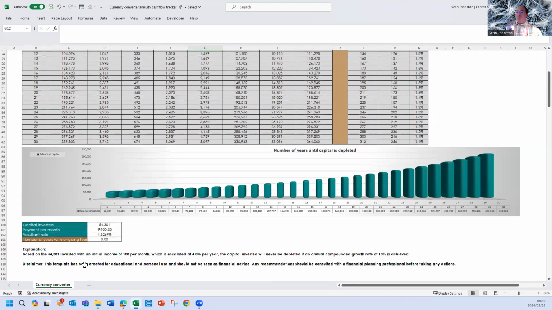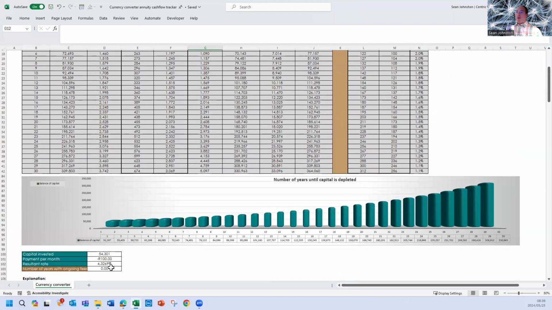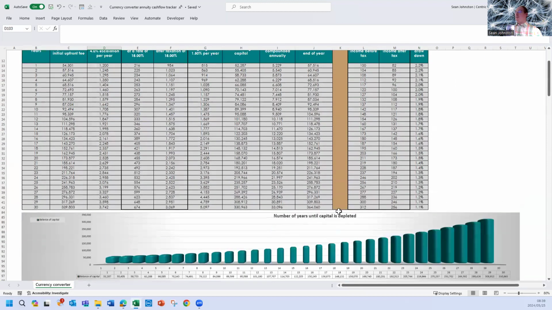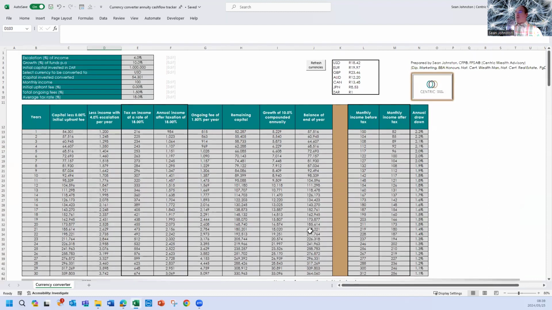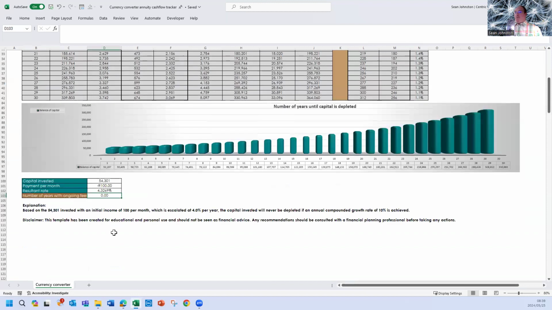And the reason for this is a separate formula where it calculates if the answer is 0, which means that this will never run out. You will continue growing this investment indefinitely if you're drawing $100 escalating at 4%. Why? Because obviously the return versus what you're drawing is a lot greater. So there are quite a few formulas built in here.